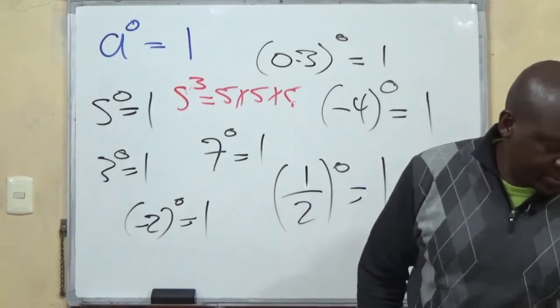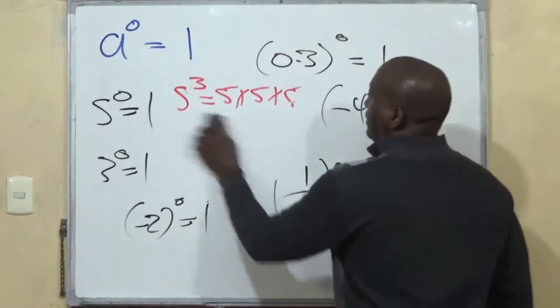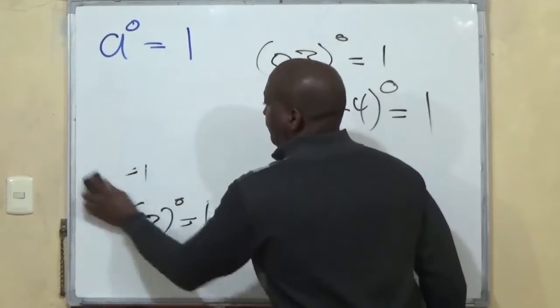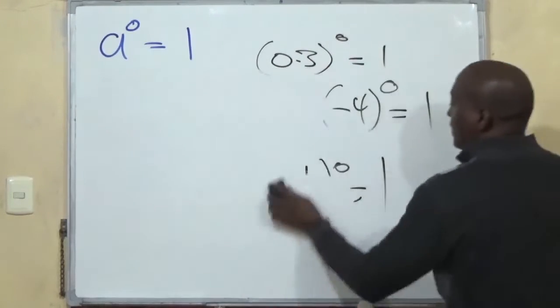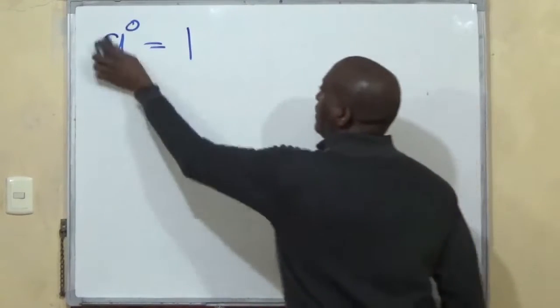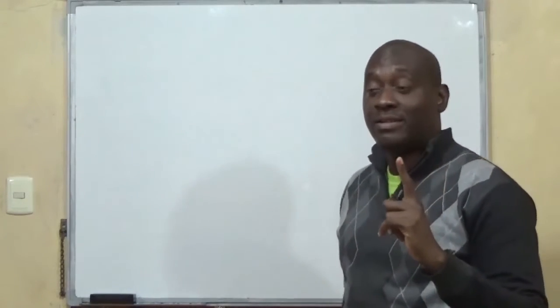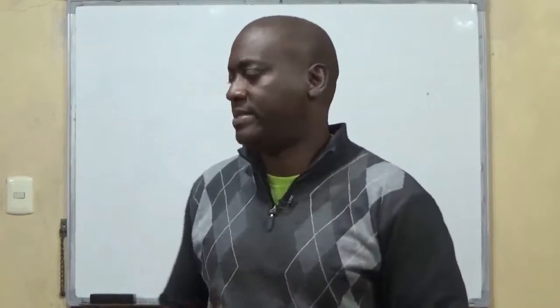The second rule I want to introduce is when we have to multiply two numbers where both numbers are raised to a particular power. The catch, however, is that both numbers are the same. The powers don't have to be the same.